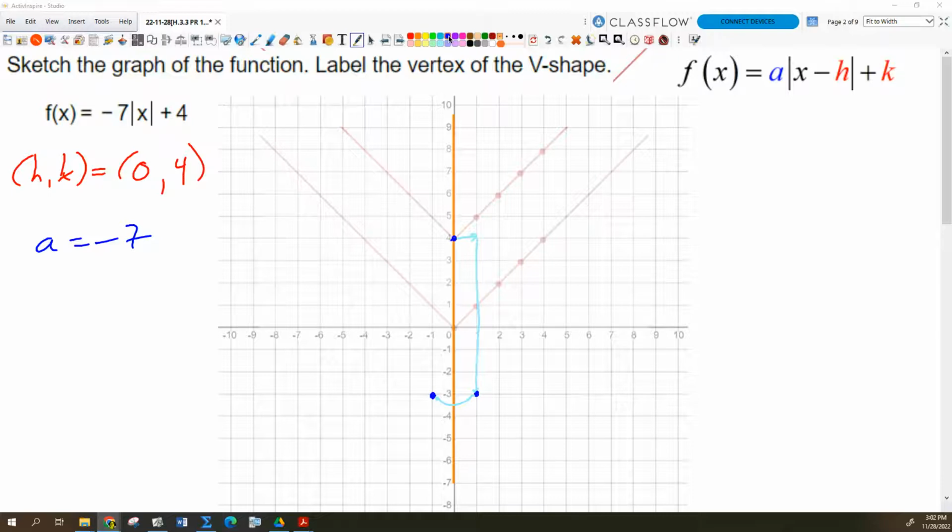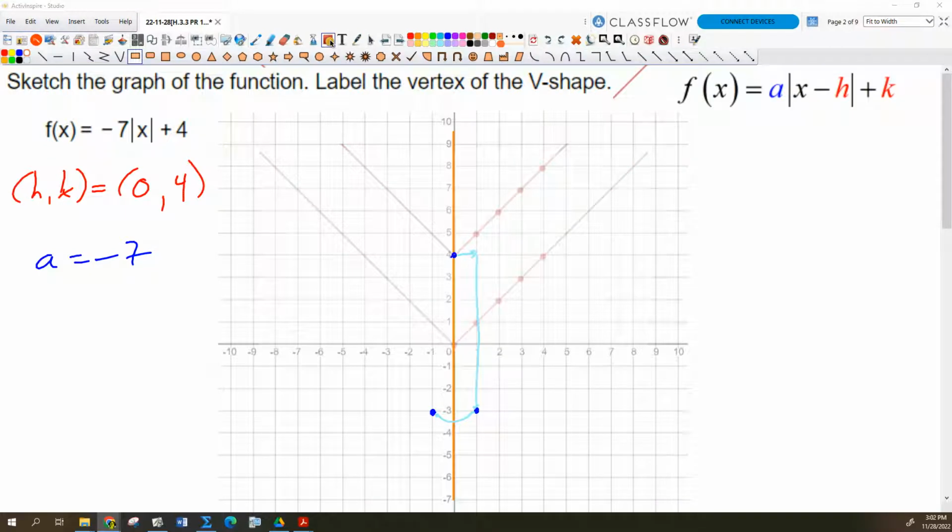Right there. And then all I'd have to do is just use those points to create my V-shaped graph. Starting at the vertex, I would just go through that point for the right leg and through that point for the left leg, and I got it.